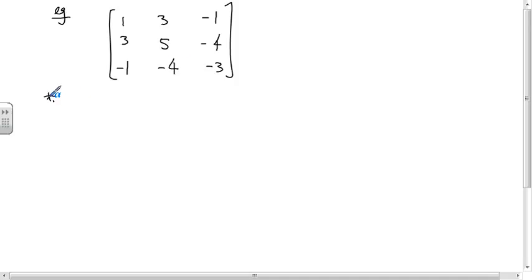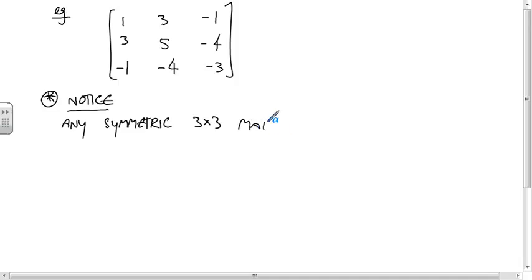So the thing to notice about any symmetric matrix, well, I should say any symmetric 3x3 matrix, because that's the type we're going to use most, is that it has 6 independent elements.